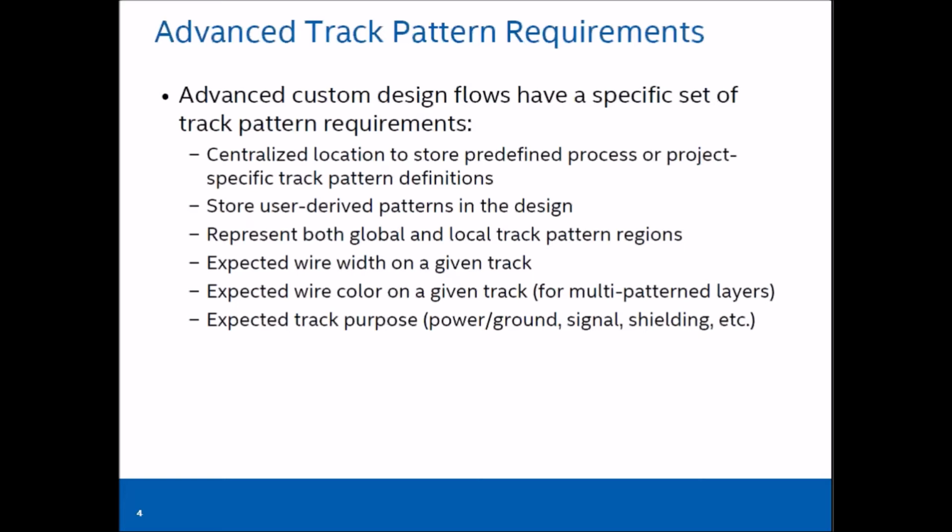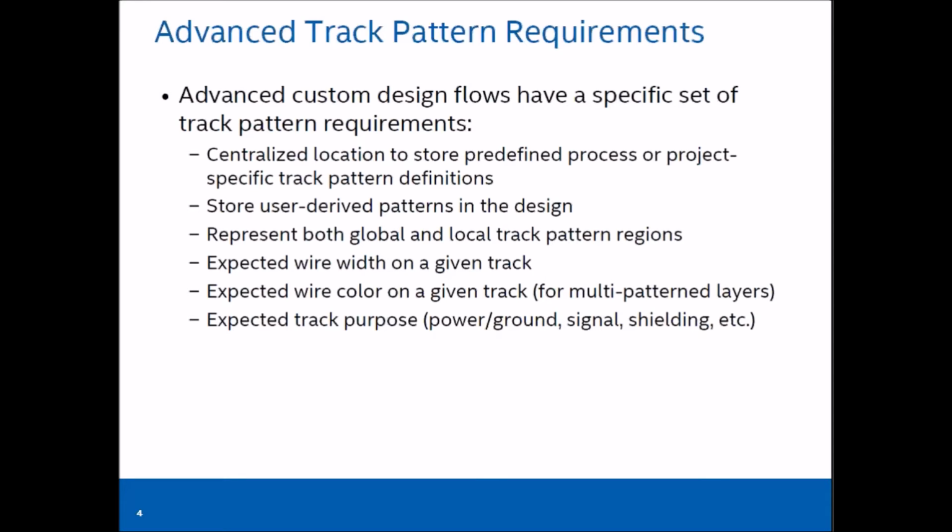There also needs to be a case where maybe the pattern doesn't apply to the entire block. A lot of times, if possible, it is nice to have just a global pattern for the design, but many times there need to be regions where different patterns occur. Of course, we need to also specify for the given tracks what the intended wire width is meant for that track.